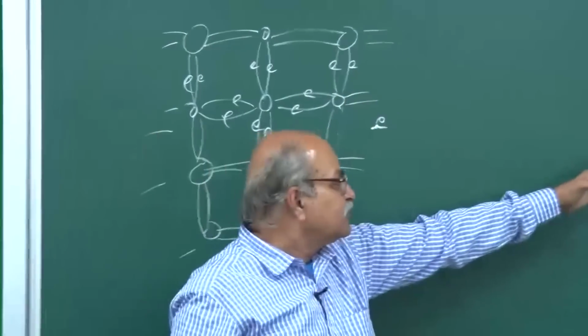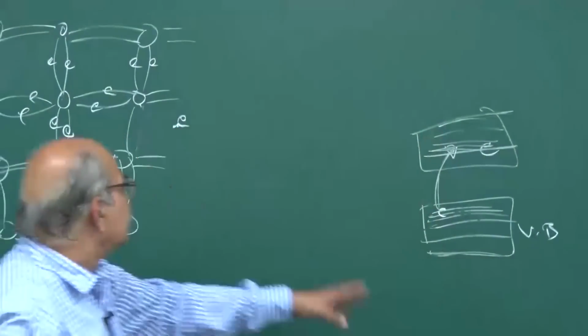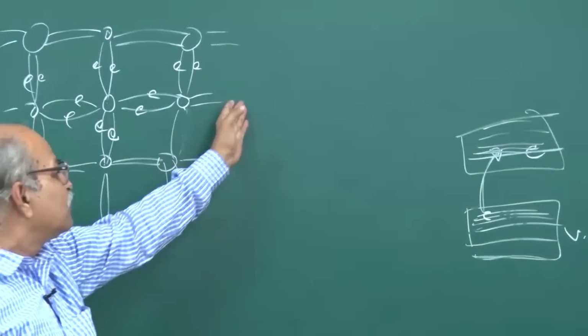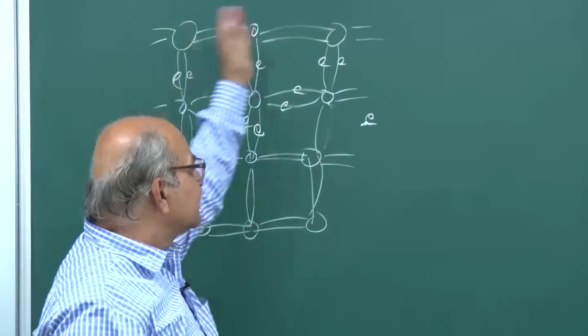And then in the conduction band there are so many quantum states. At these energies there are so many quantum states, and therefore it can easily jump from here to there, there to there. It can go here, here, here.